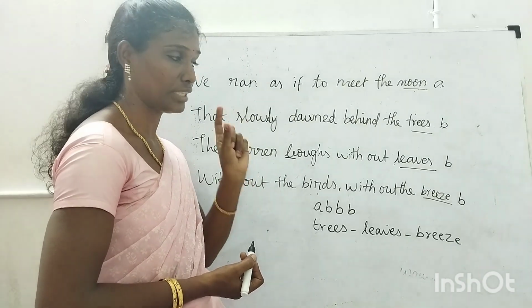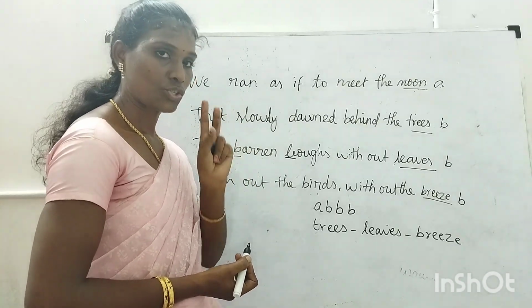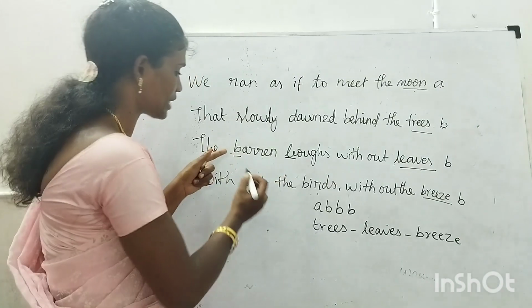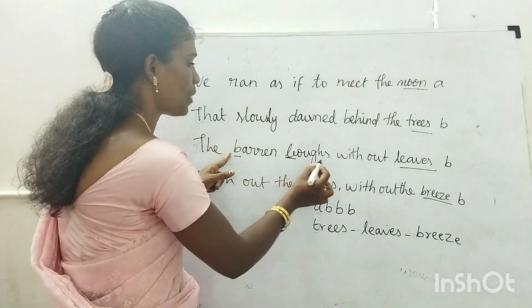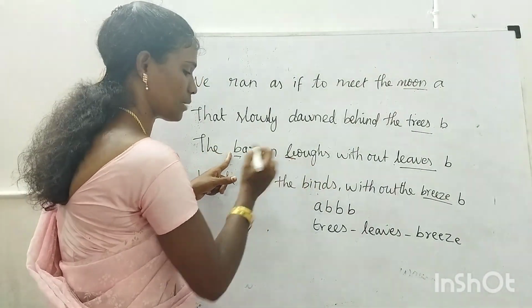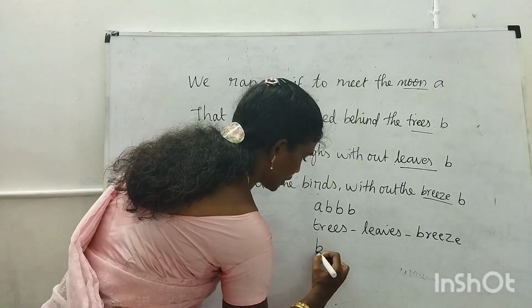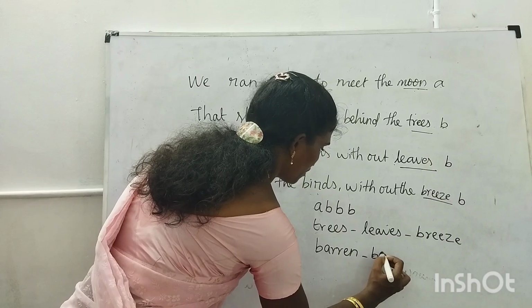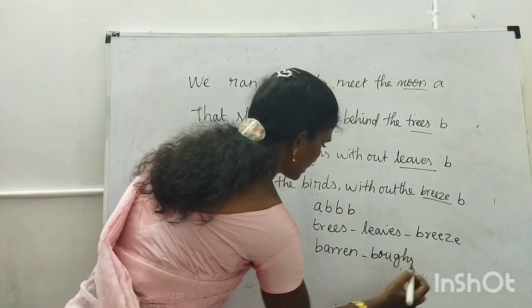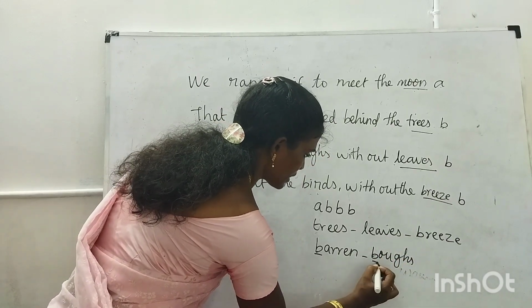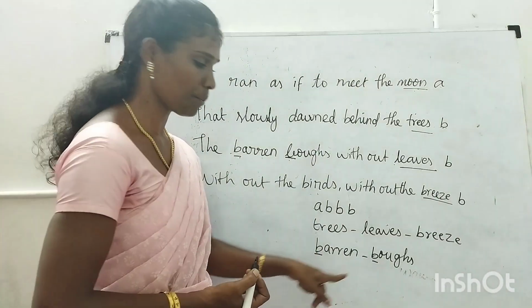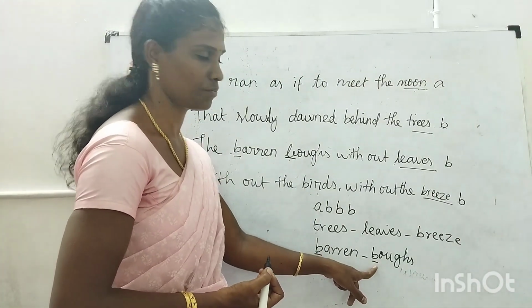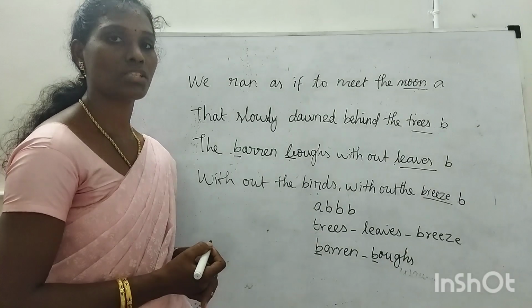Barren, B, boughs, B. Both are the same. So this is alliteration. B-A-R-R-E-N, barren, B-O-U-G-H-S, boughs. Underline this letter also. Barren and boughs.